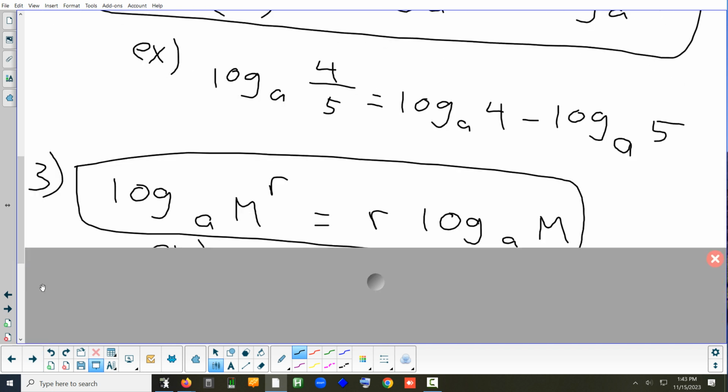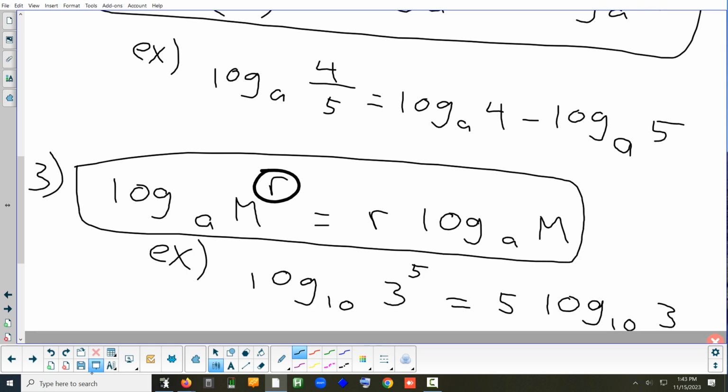And the third one. The third property says that if you have an exponent on a log, you can take the exponent and you can move it in front. So if we had log base 10 of 3 to the 5th, we could take that 5, we could put it in front.